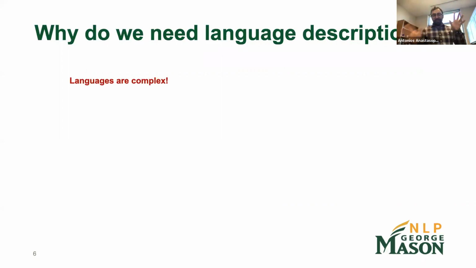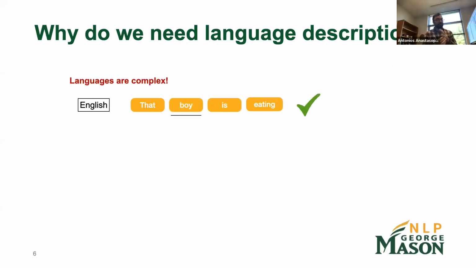So, I mean, I don't think there's any question as to why we need it. But let's look at very simple examples, right? So we have, let's say, English, and you have a very simple sentence, that boy is eating. And in English, you can very easily take boy out, put in girl, and there's nothing else you need to change, right? English is kind of boring.